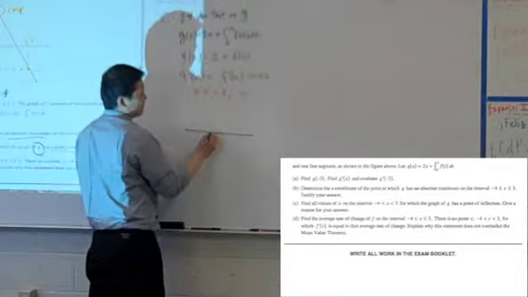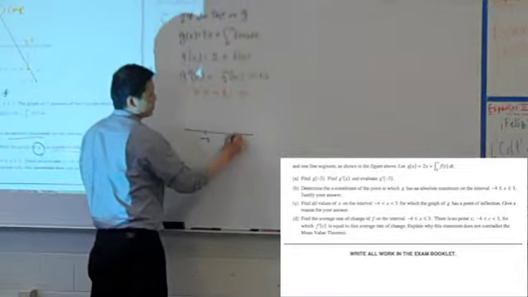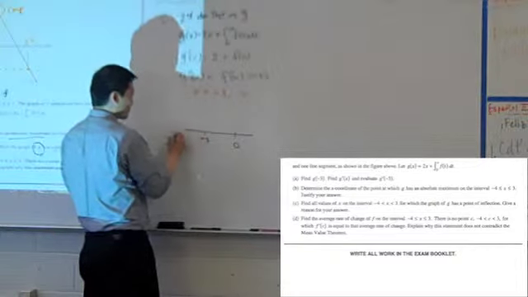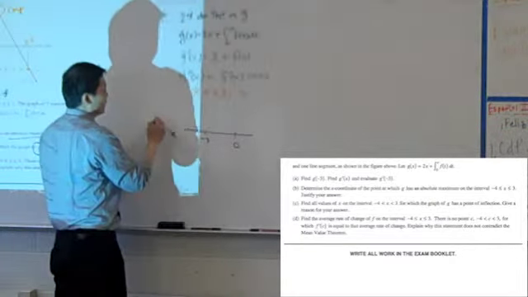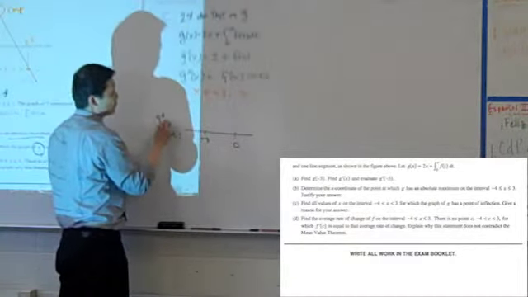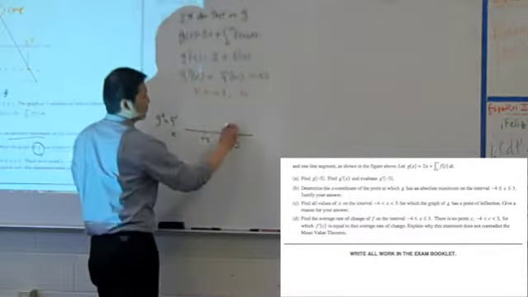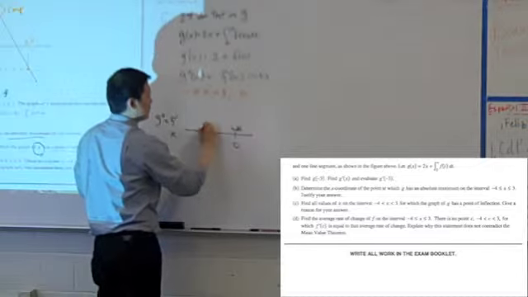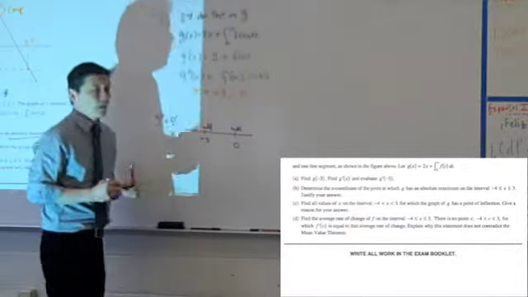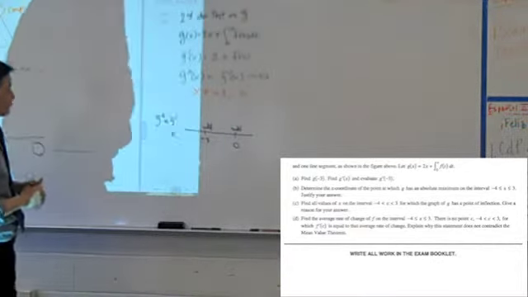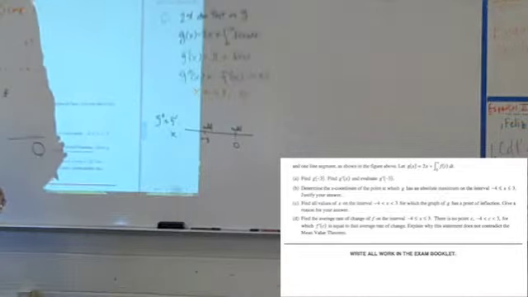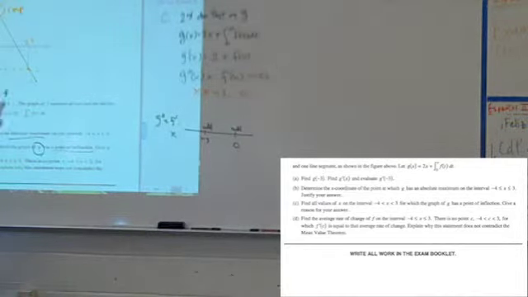So now we have -3 and 0. These are the x values, and this is the double derivative. The double derivative means this is f prime. This is undefined right here, undefined right here, and what we need to know is whether it's positive or negative.